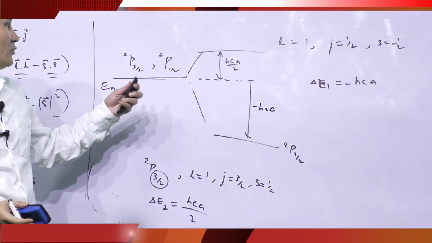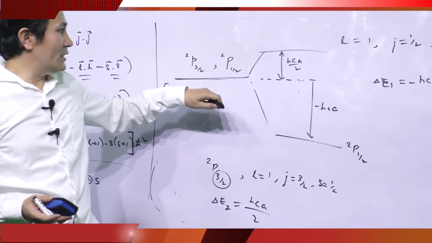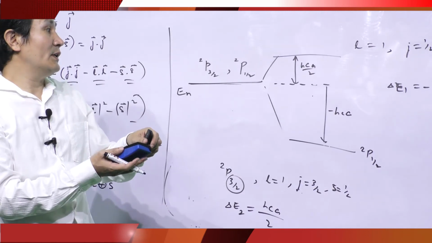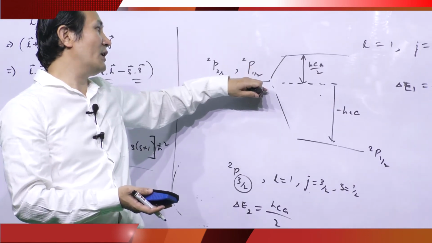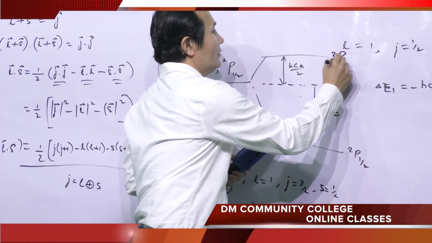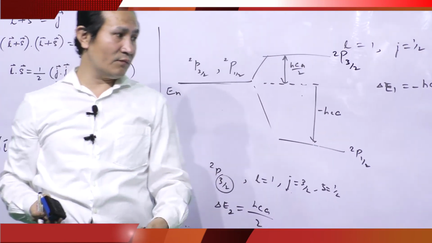So you can easily understand that when spin orbit interaction energy is considered, the original energy level given by Bohr's theory gets shifted from its initial level, one up and one down. The upper one is the higher quantum state, and the lower one is this one. You can see this from this slide.